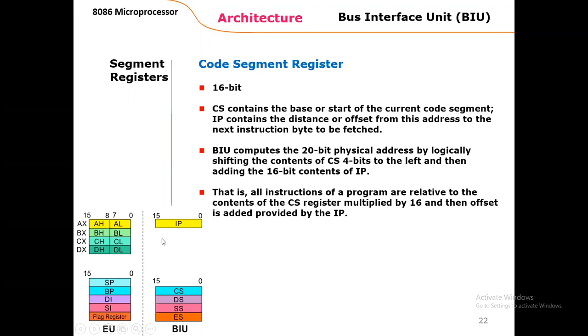Clear? All are clear? This is already included in our main architecture. So if you completely study the main architecture of 8086, then register architecture is very easy. Register architecture is a part of our main architecture.